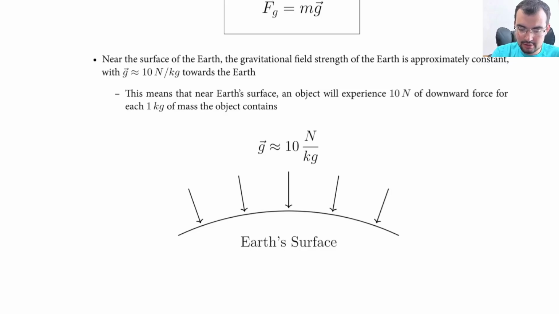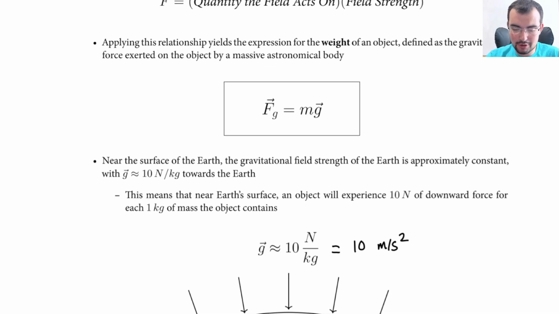So the Earth is generating this gravitational field, which has units actually equivalent to meters per second squared. But when dealing with forces, this value of g has a nice interpretation that it can be written as newtons per kilogram, which based on the formula, we can see that this says for every kilogram of mass you have, the Earth pulls you down towards its surface with 10 newtons of force.